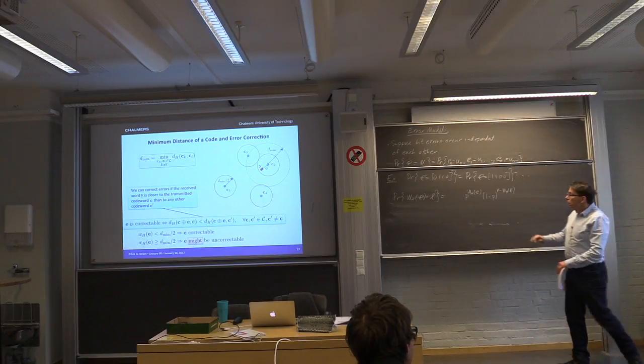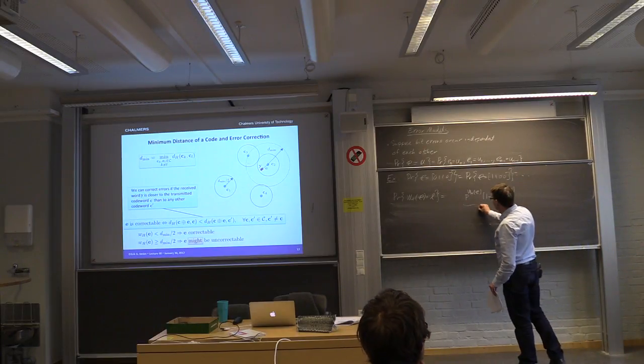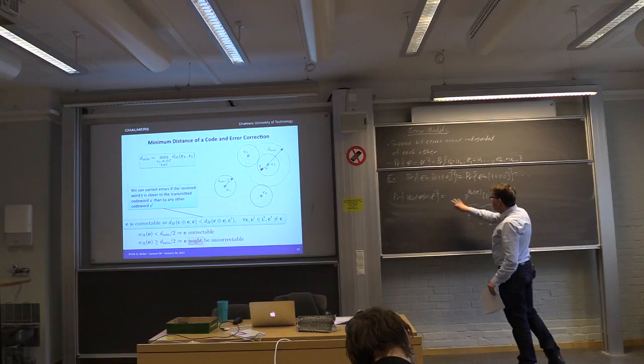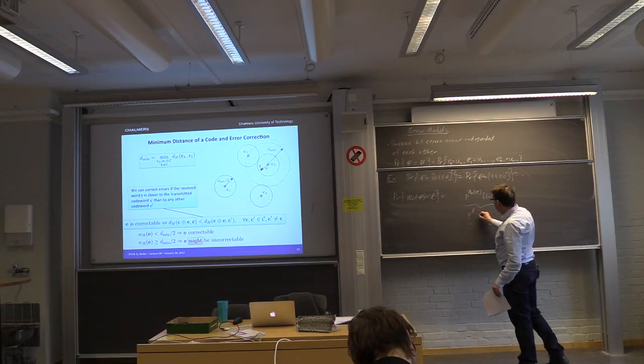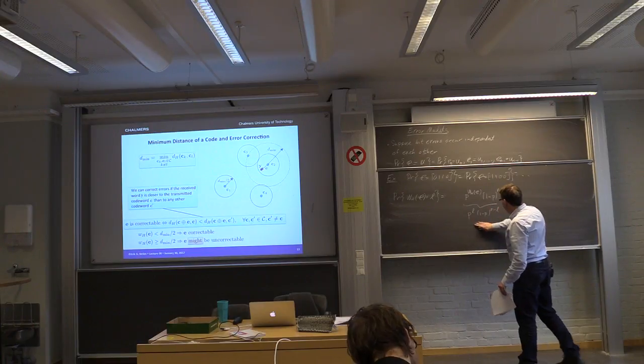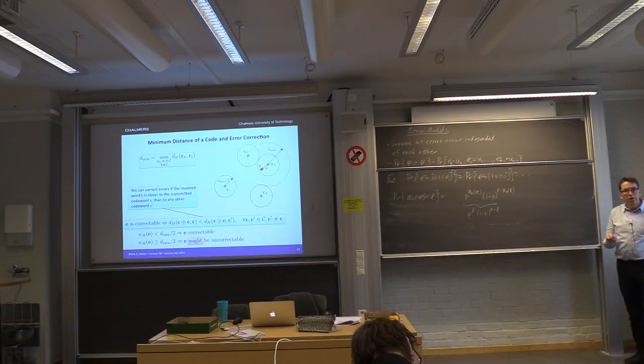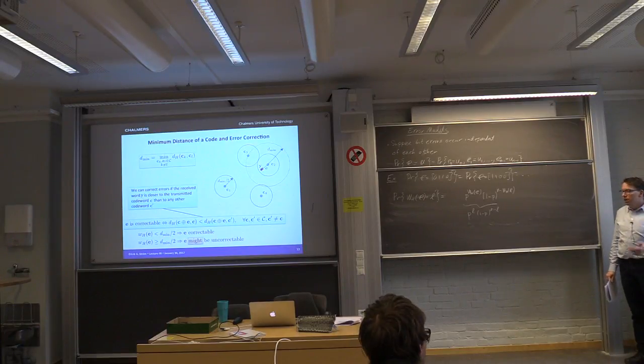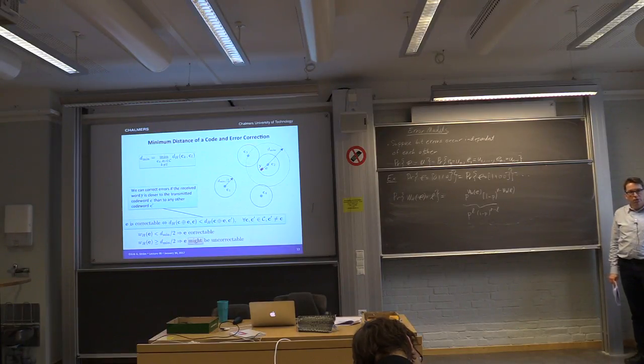Now this happens to be p to the L times 1 minus p to the n minus L. So that's the probability that a specific error pattern with L ones occurs.